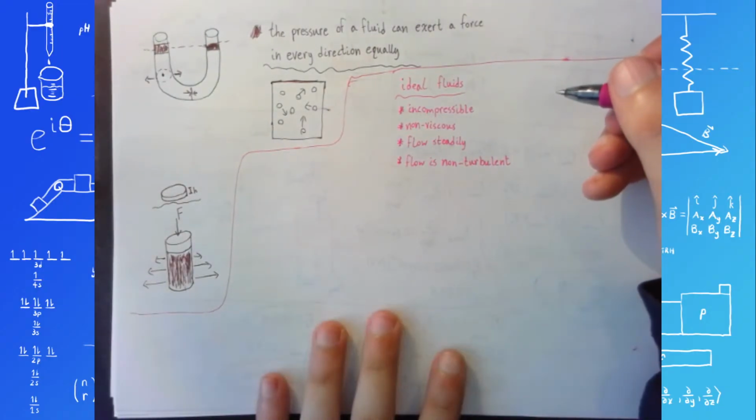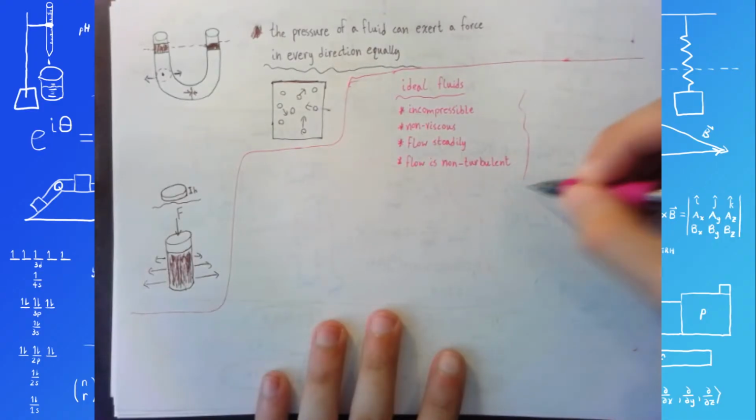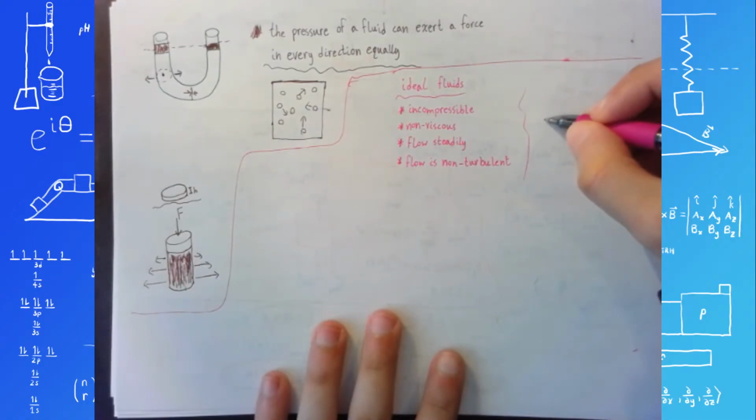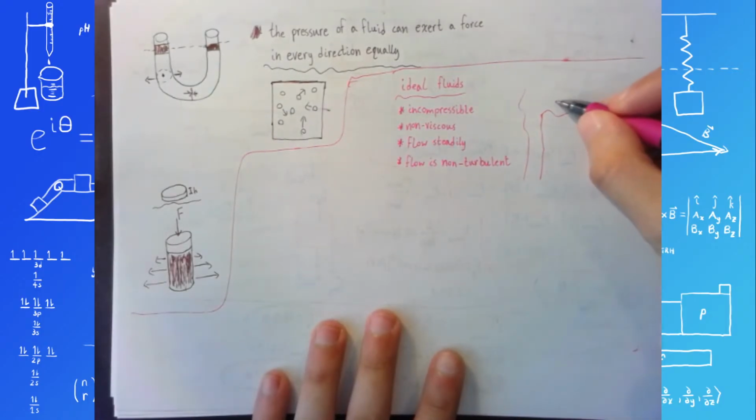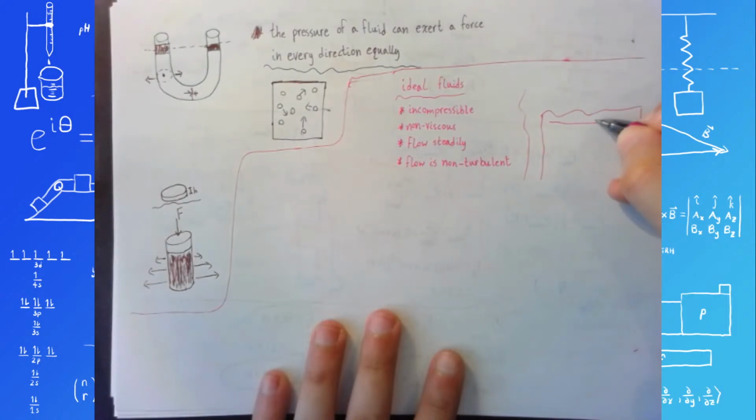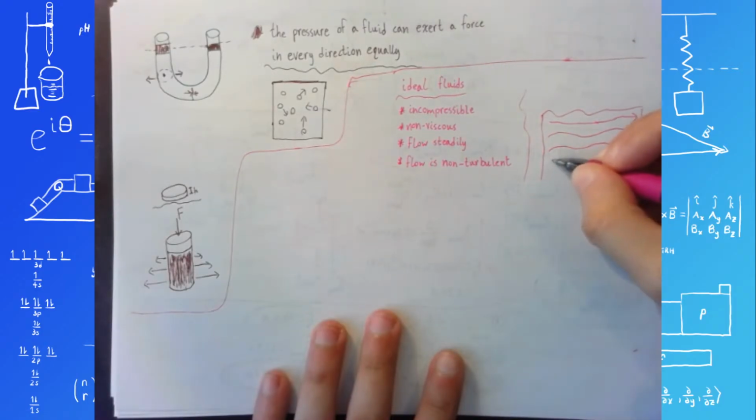So I guess let me see if I can try and illustrate this. So let's say I'm looking at a body of water. And for the most part, the current is moving like this. It curves a bit because it's the ocean, but let's say the water is moving this way.